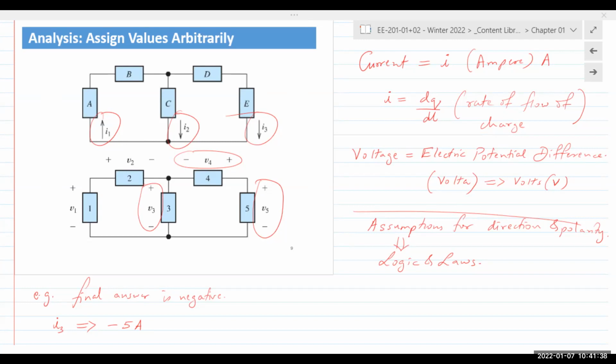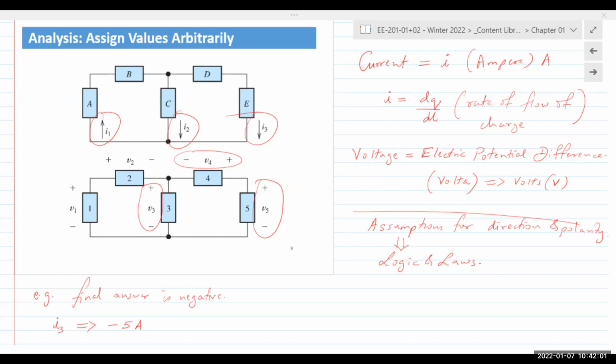Does that make sense to everyone? Right? So assign values randomly, doesn't matter. I mean, we take logic and laws into account, but even if you go against logic and you choose something else, it does not really matter, as long as you're consistent. When I say consistent, meaning halfway through the problem, you cannot change the direction of the current.